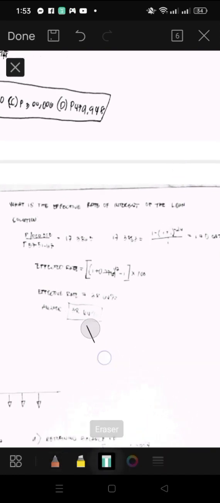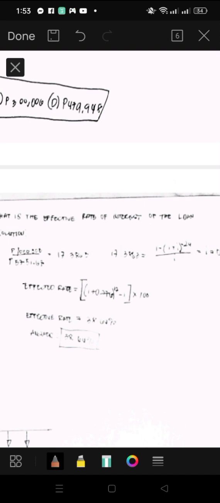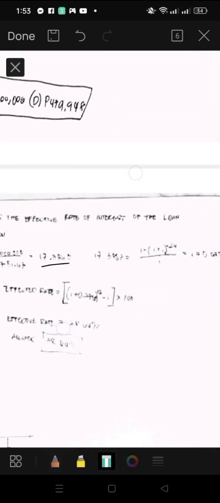So 17.3863 equals quantity of 1 minus (1 plus i) raised to the power of negative 24, over i, and i is 0.0276.